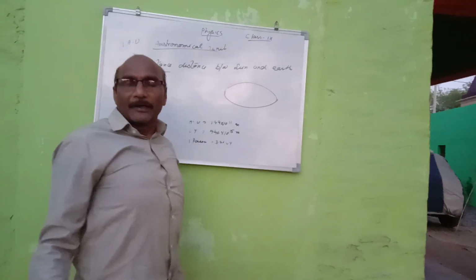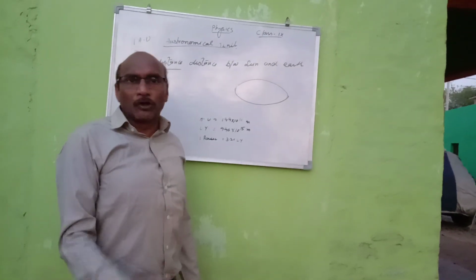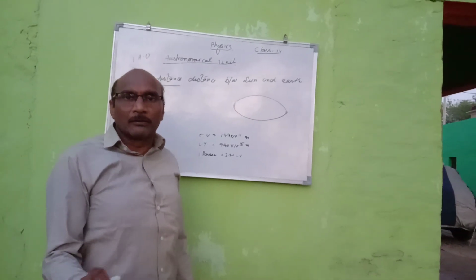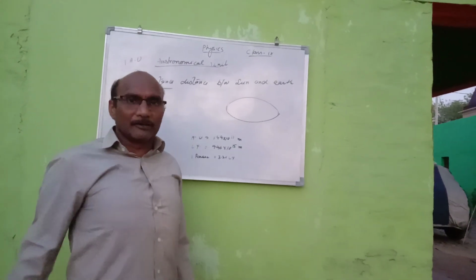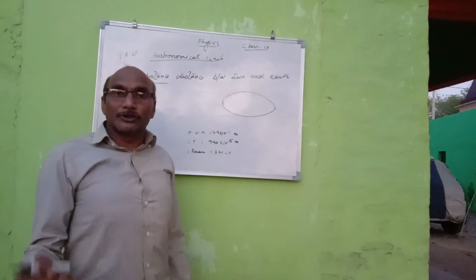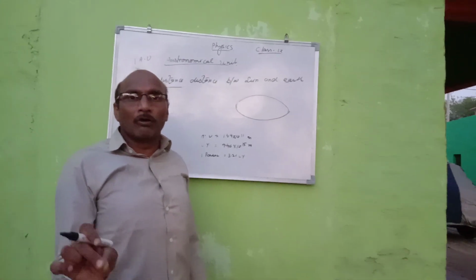Now again, Kepler stated in his first law that all the planets revolve around the sun in elliptical path in which the sun is always situated at one of its foci.